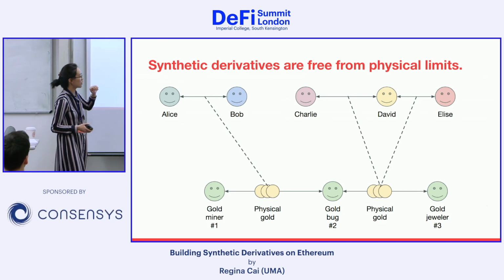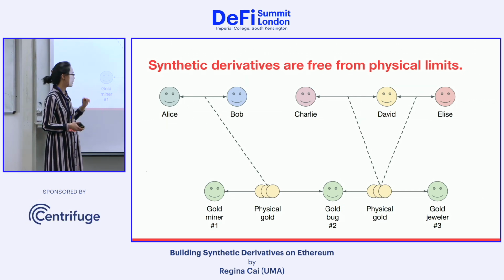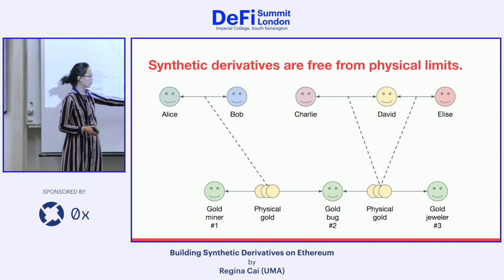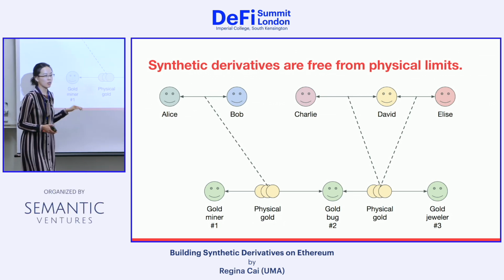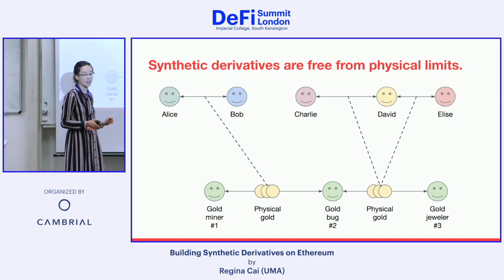Synthetic derivatives are free from the physical limits of physical assets. So typically, if you think about a gold miner, they might trade physical gold with a gold bug, who might trade physical gold with a gold jeweler. And our understanding of the price of gold depends on our records of these individual transactions.